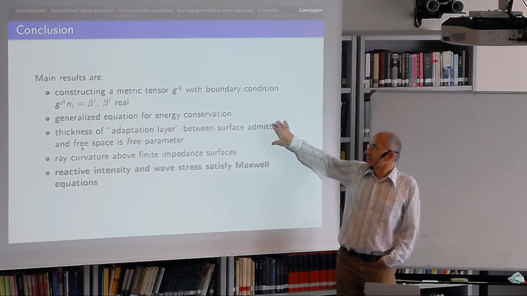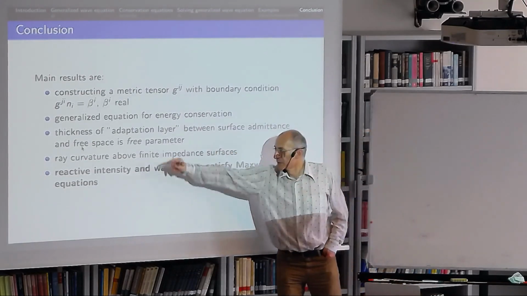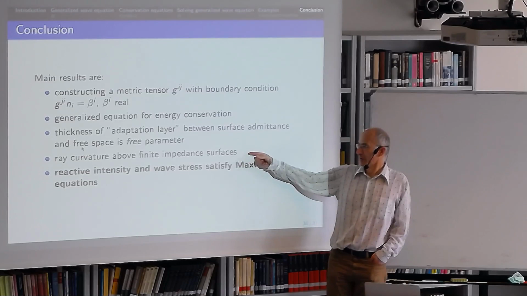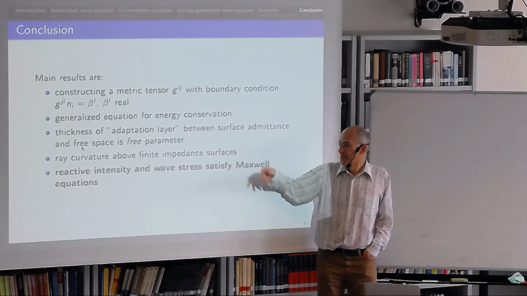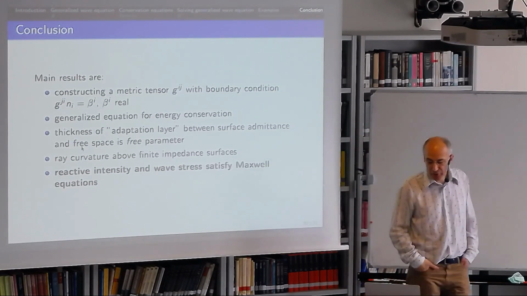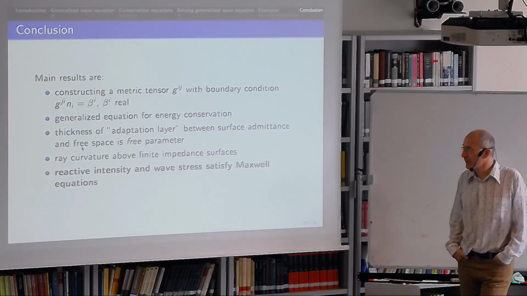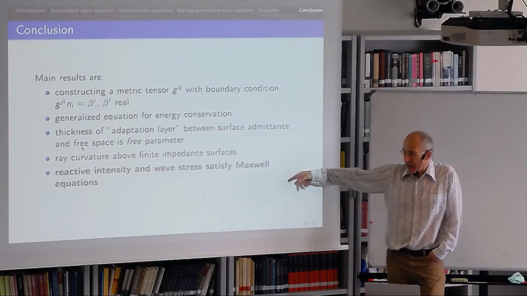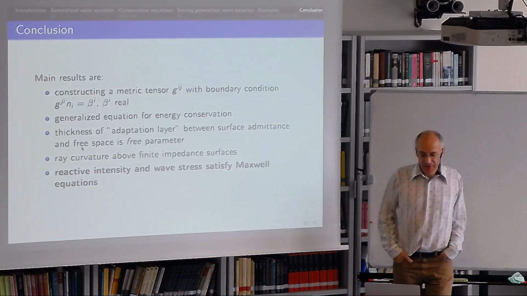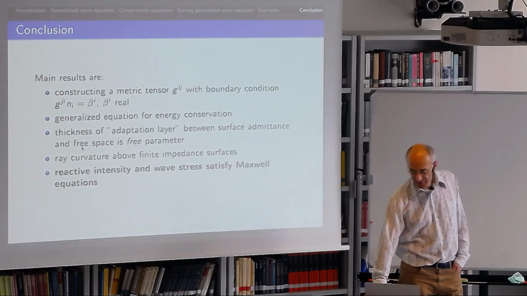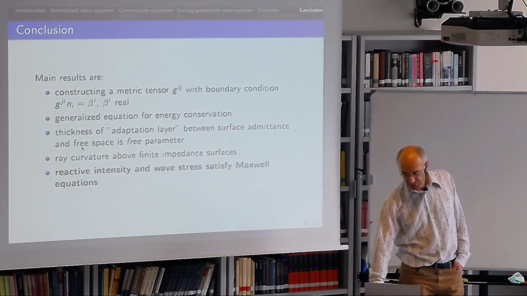So the free parameter is something we have to look further into. Then we have been able to demonstrate ray curvature above a finite impedance surface. And then, as I said, the big surprise was that reactive intensity and wave stress satisfy Maxwell equations.